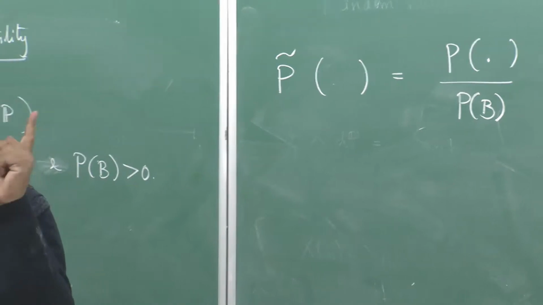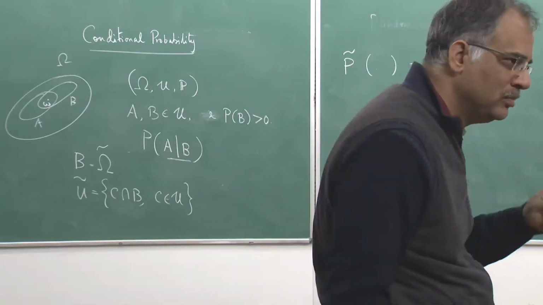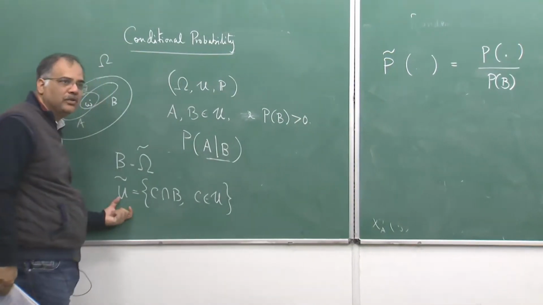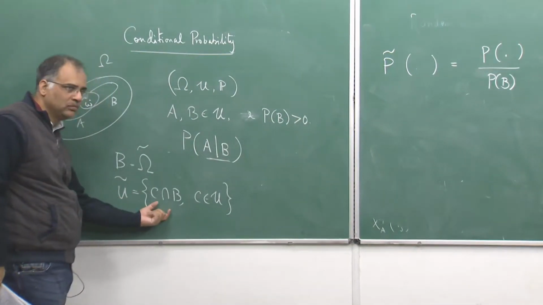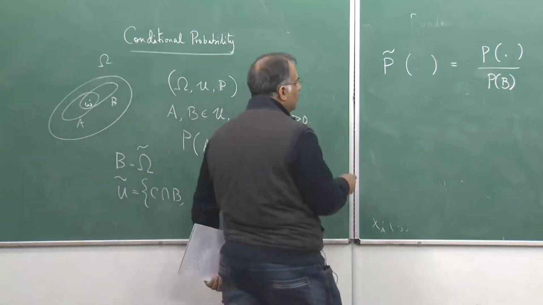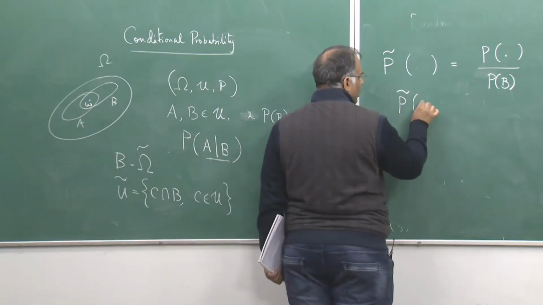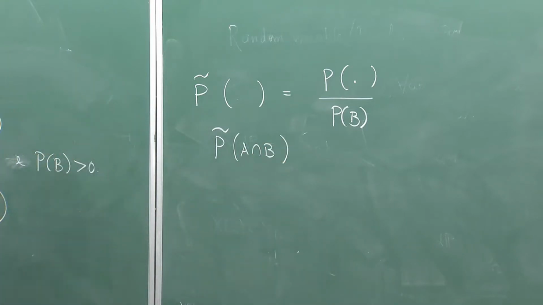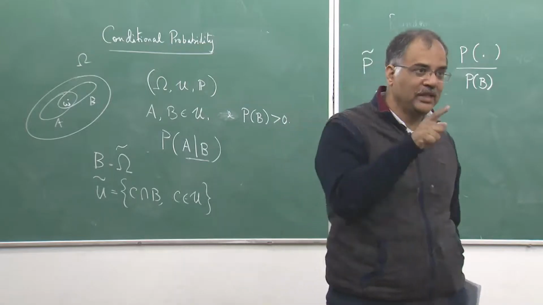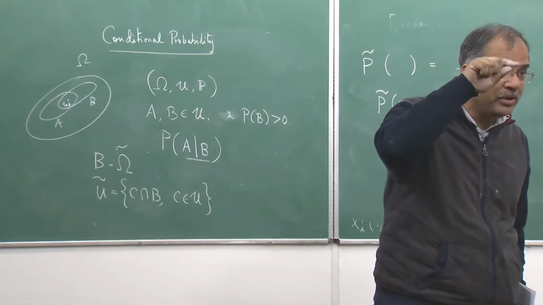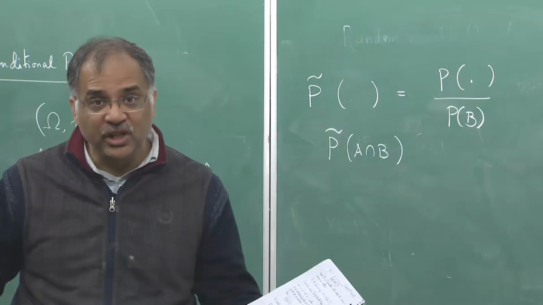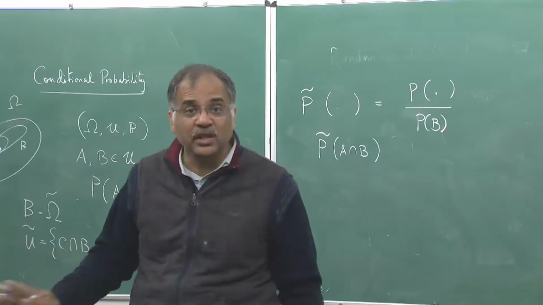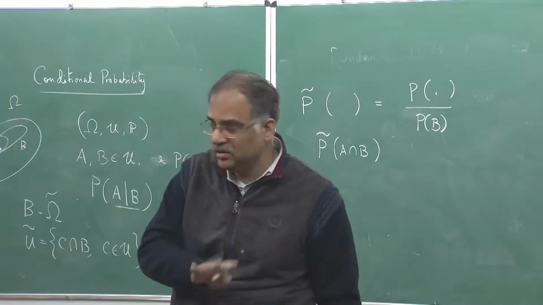But A intersection B is actually an event in U, while here I am considering some sort of subset of the events in U. Now if I want to consider P tilde of A intersection B, under this new probability measure, what is the joint occurrence of A and B? That is exactly what we are seeking, a new probability measure. Now my sample space has changed, it is no longer omega, but omega tilde, which is nothing but equal to B, the event B, right.